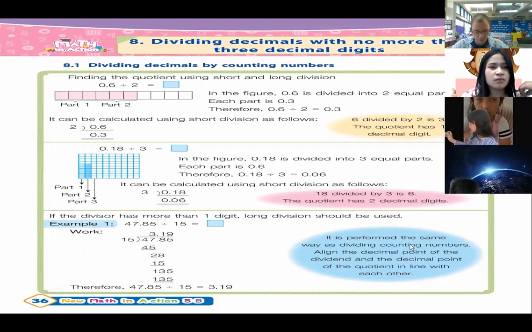It is performed the same way as dividing counting numbers or normal whole numbers. Align the decimal point of the dividend and the decimal point of the quotient in line with each other. So it has to be in line, so you make sure we have the decimal place in the correct position.